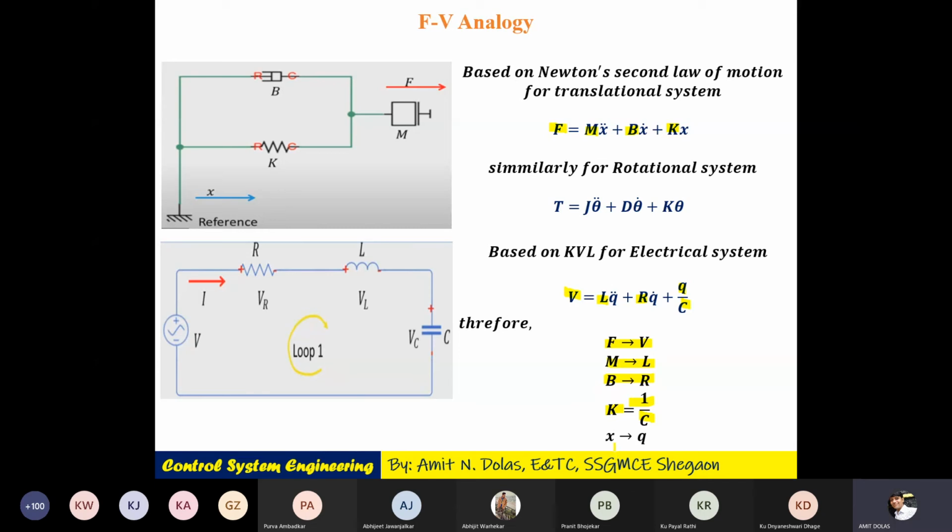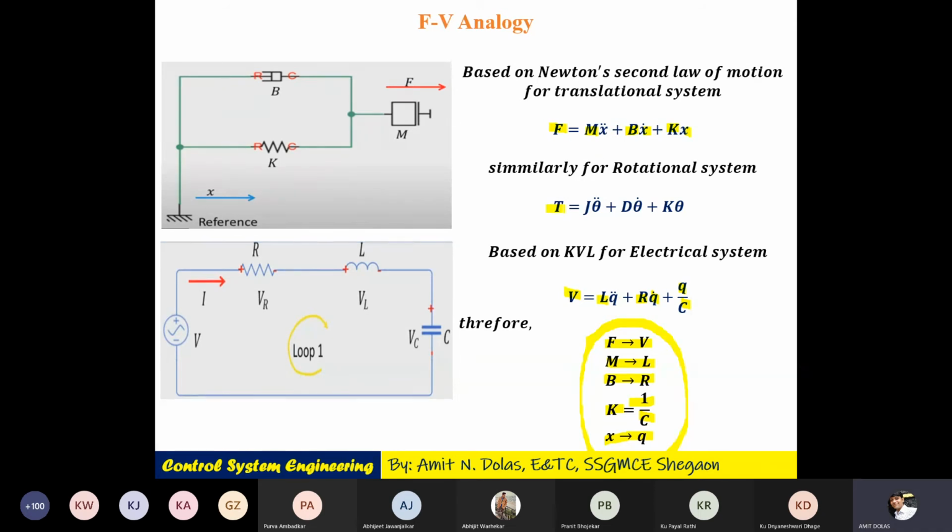And displacement x is analogous to the charge q. So you can see these are the analogies, the force to voltage analogy. Whenever we convert, we'll be using these rules.